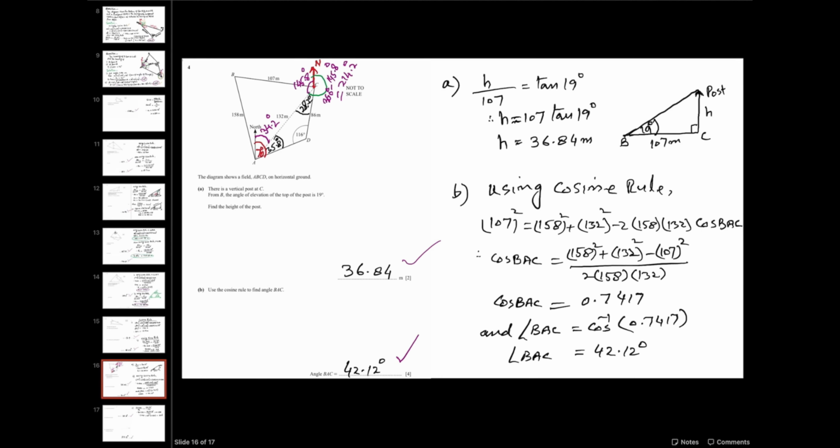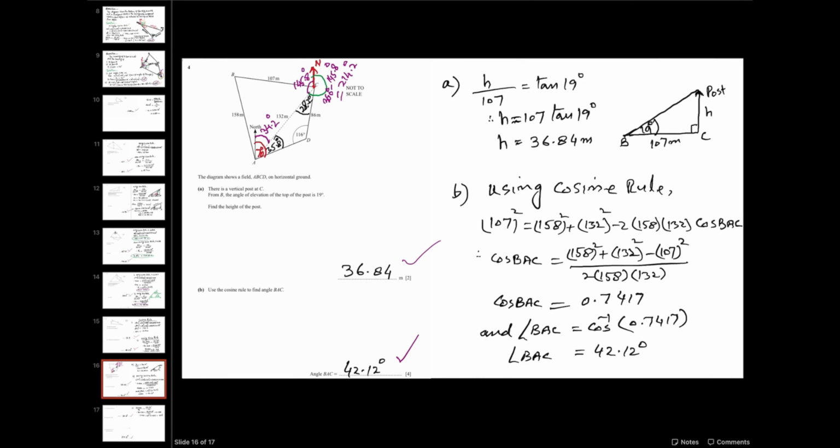Therefore, h upon 107 is equal to tan 19 degree, and h is equal to 107 tan 19 degree. Hence, h is equal to 36.84 meter. That is the height of the post.